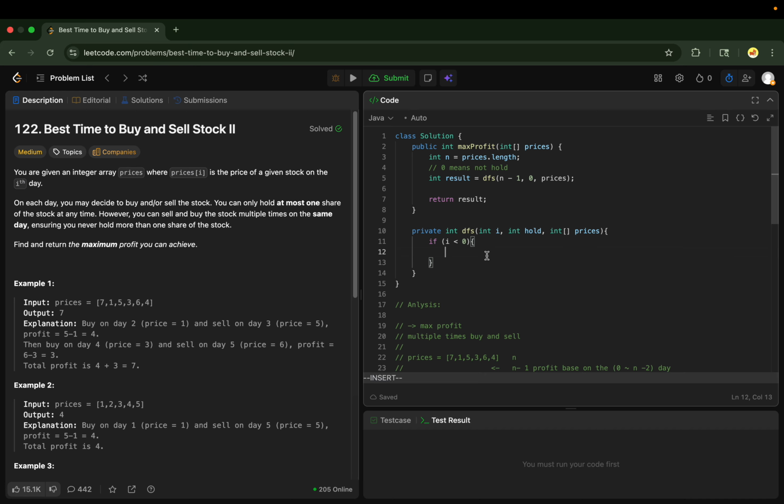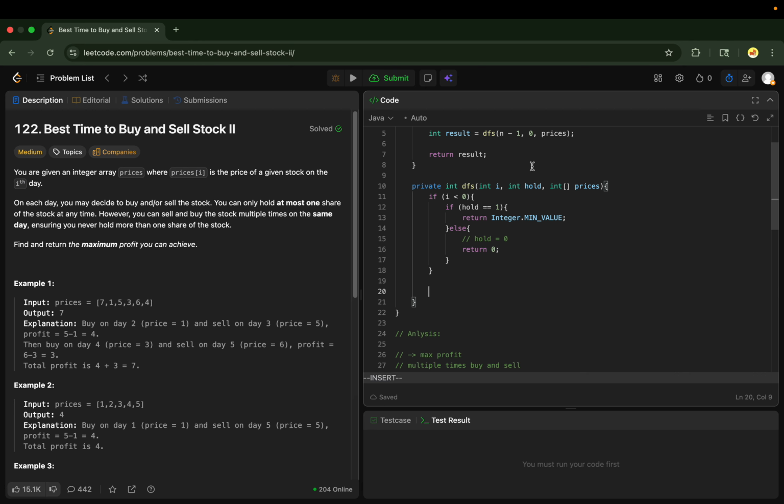This is what this condition is doing. So if hold is equal to 1, which means it's not available, we need to return integer min value. Otherwise, hold is equal to 0, so it's okay, and we return 0 here. The first day has 0 profit.